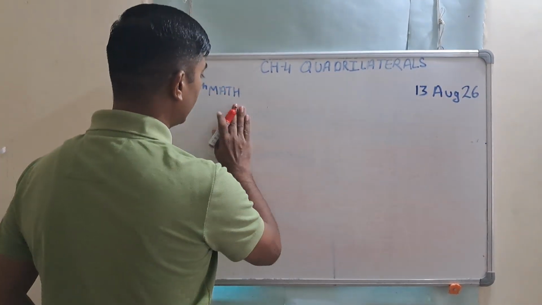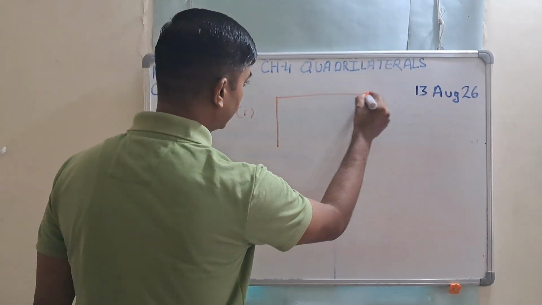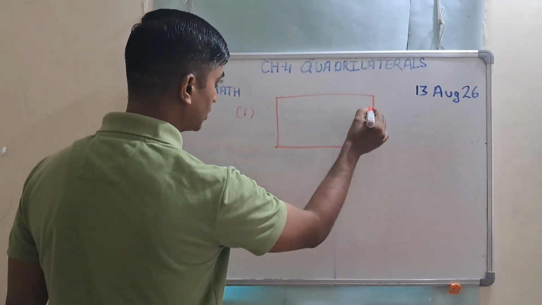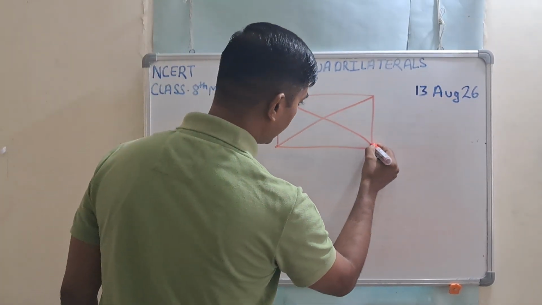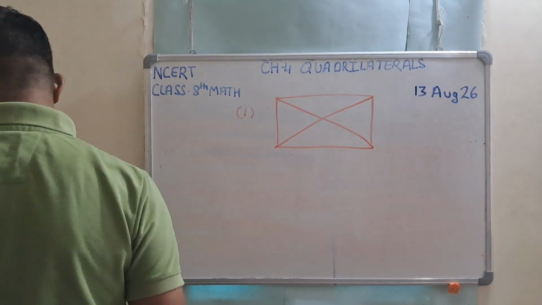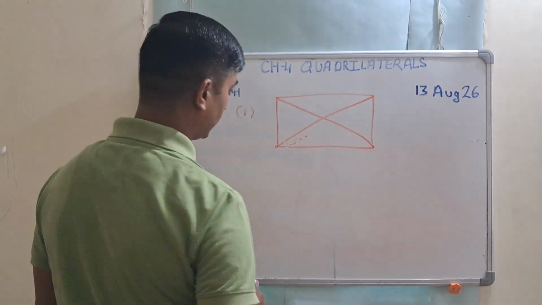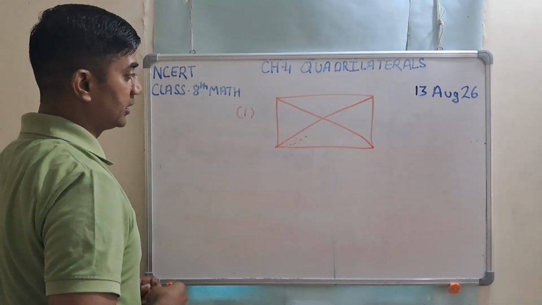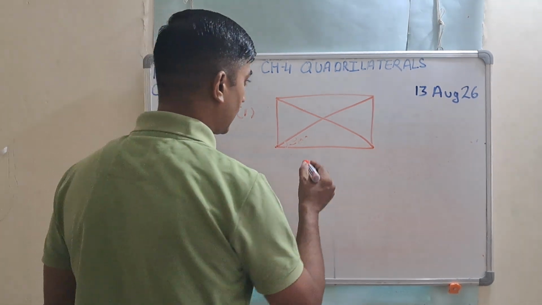Our figure number 1 is a rectangle given to us, and these are the diagonals, and they have given one angle that is 30 degrees. Understood? Now we have to find all angles. Let's first name them.